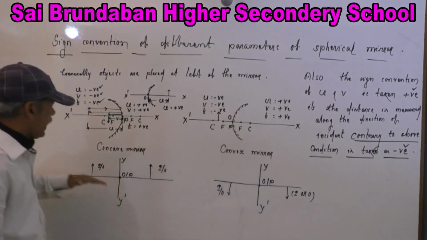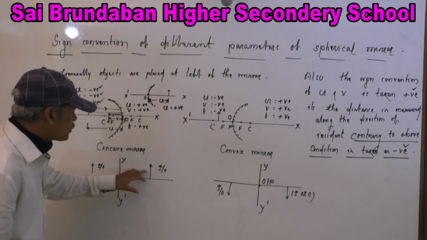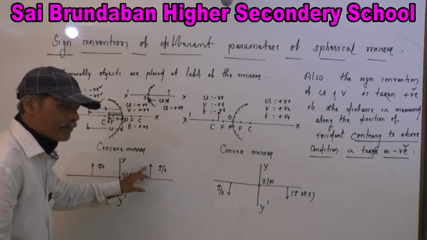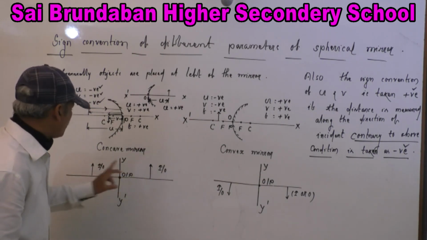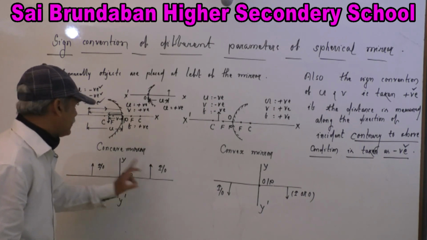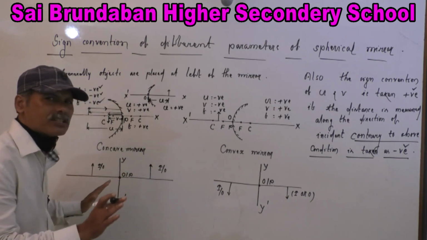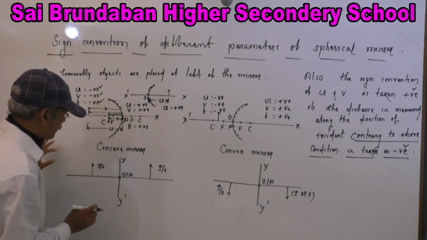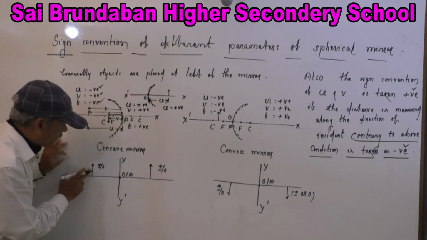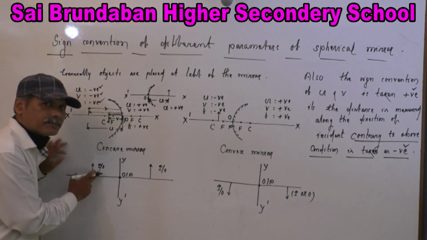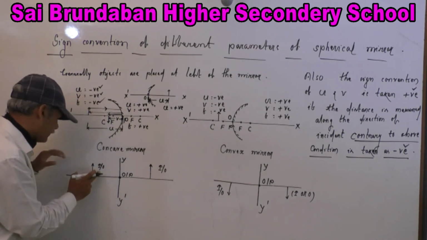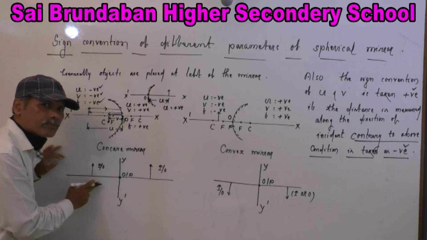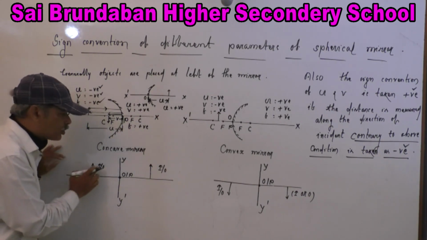Let's come down. Here in these two pictures, maybe this is object, this is image, or this is object, this is image. It doesn't matter. But you see, here the image and the object are measured parallel to the positive y-axis.